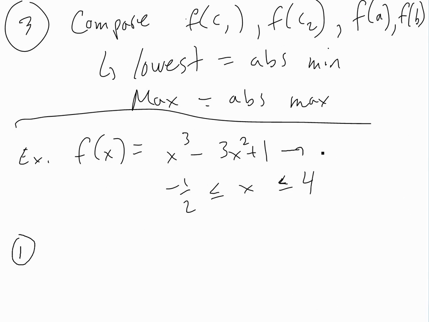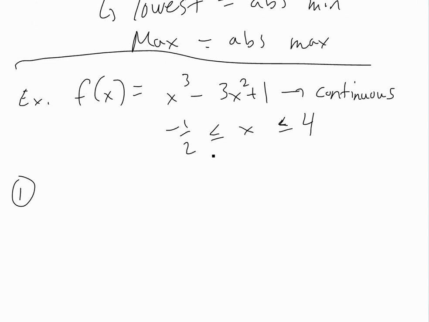This is a continuous function, so we can use the closed interval method. There are no absolute values, so there's no break in it. This is actually valid for all x values, with no square roots or anything to worry about. So we can just find the critical points.